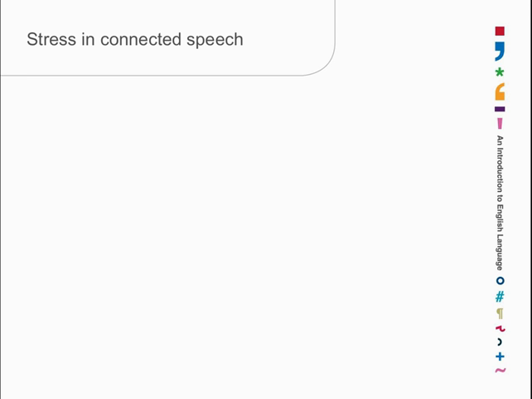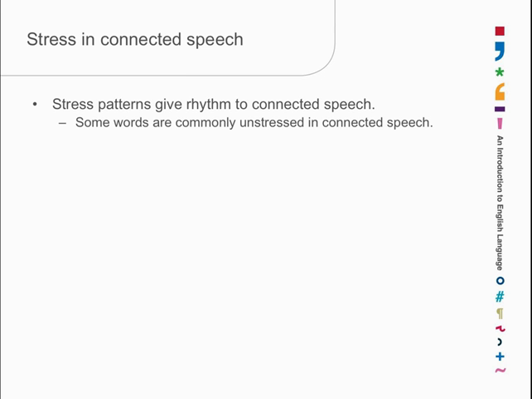So what happens in connected speech as opposed to in individual words? Well, stress doesn't quite fall on every syllable in the same way as it does in individual words, but stress patterns definitely happen, and they give rhythm to connected speech. Intonation, of course, gives melody to connected speech, and stress gives rhythm to connected speech.